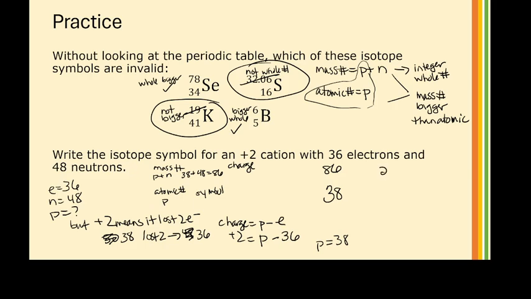And my charge is 2+. Remember, we typically write it with the number first, then the sign. Even though we can say that the charge is +2, when we write it in the symbol, we write the number first. If you write the +2, there's no problem with it. It's okay. So the symbol for 38 is strontium. And there you go.